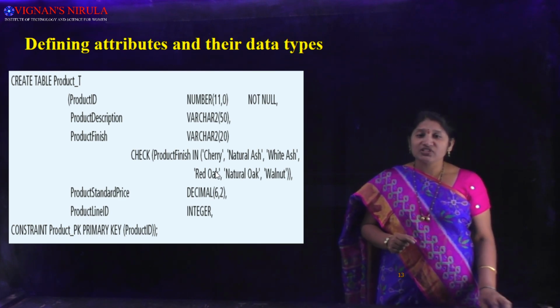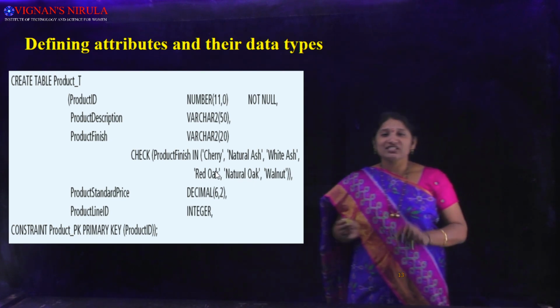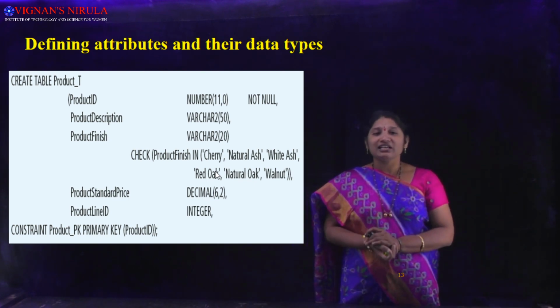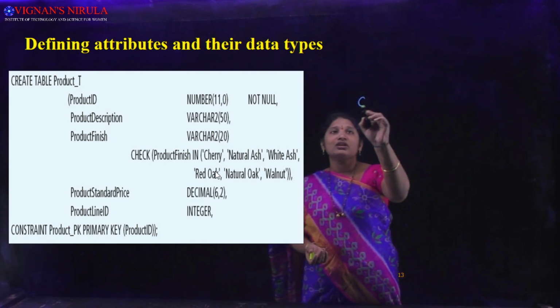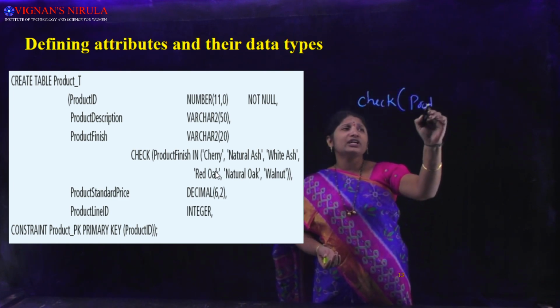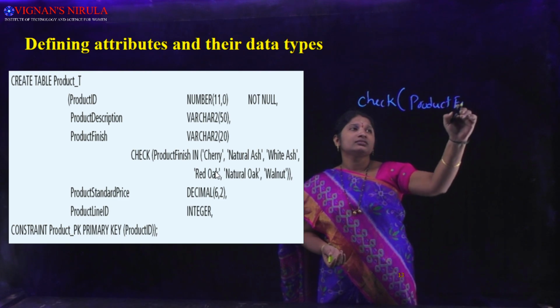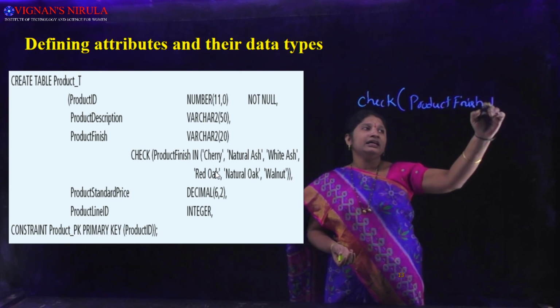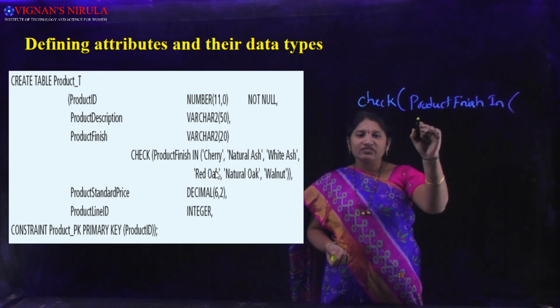What is the purpose of check constraint? The purpose of the check constraint is that it will check whether that particular constraint is being satisfied or not. What is the constraint we have given? Check product finish in, and what are the values that we have given?